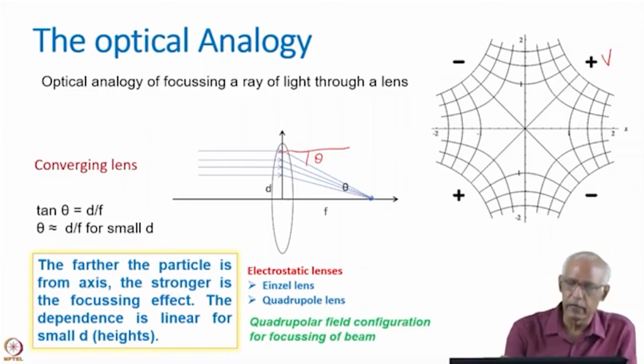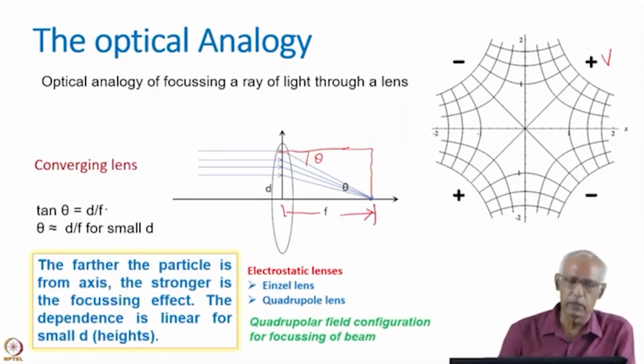So you can write that the tangent of theta is equal to d by f, where f is the focal length, which is here to here. And if theta is small, then you can write a simple expression, d by f for small d's.